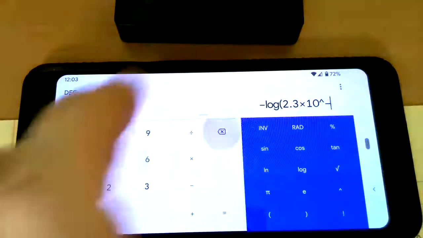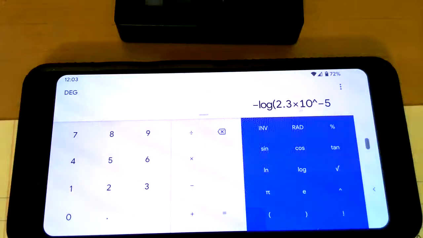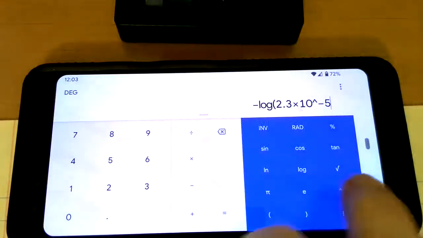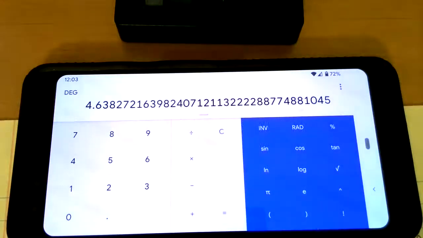Shoot, this time we're at 5. Minus 5. There we go. I'm going to hit equals. And now my pH is 4.64.